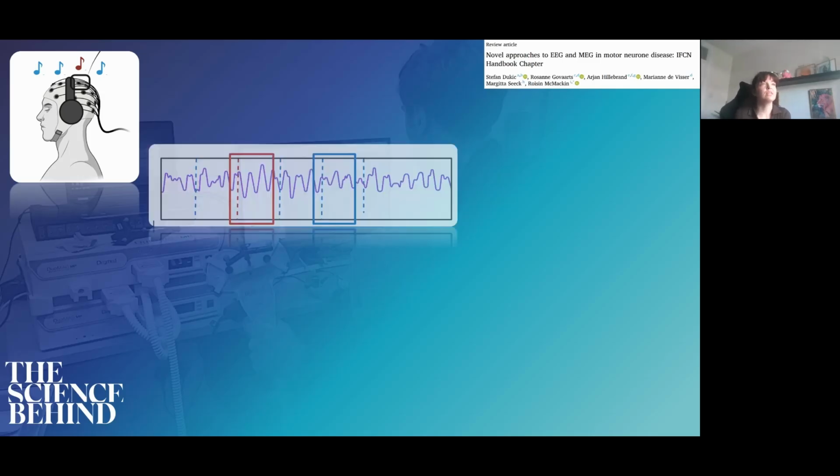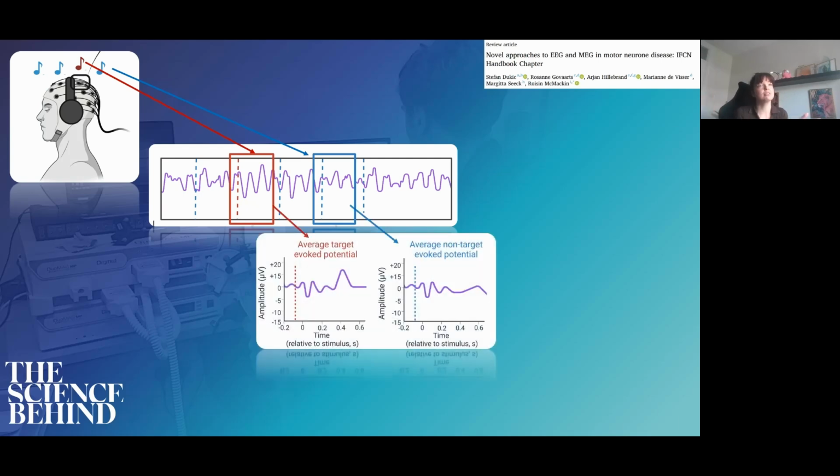Because of EEG's excellent temporal resolution, we can mark down to the millisecond where those tones were delivered to the person relative to their brain activity. So we can mark that in the EEG signal. And then by averaging the brain responses every time they hear a target tone versus a non-target tone, this averaging will remove any task-irrelevant brain activity and leave us with a signal that corresponds to what the brain is doing to detect the target versus the non-target.